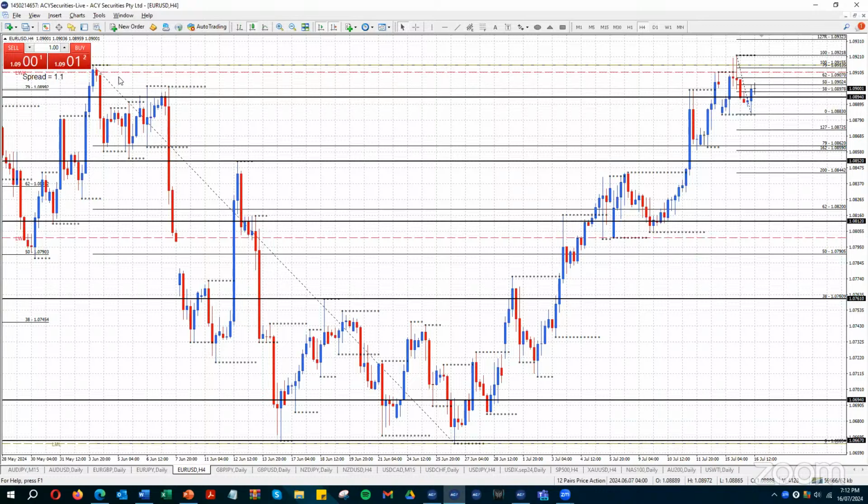The high that we tested yesterday was at 109.16. 79% fib of that range is at 109.13. So anywhere from last week's high up to 109.15. Last week's high is at 109.11, 10 or 11. In fact, I'll just move that down to a 15-minute chart.